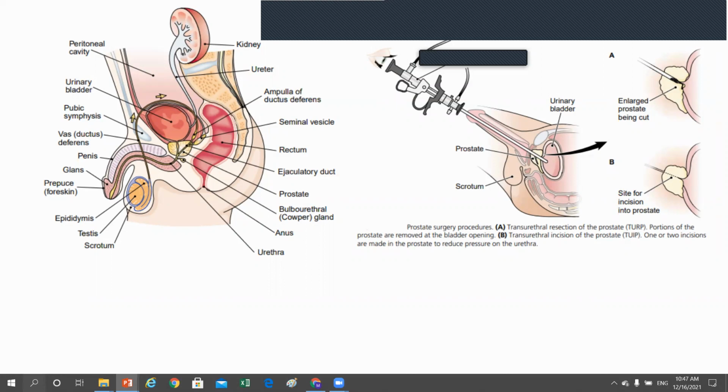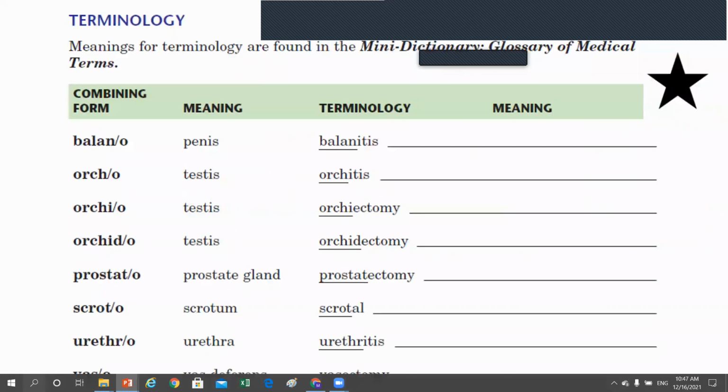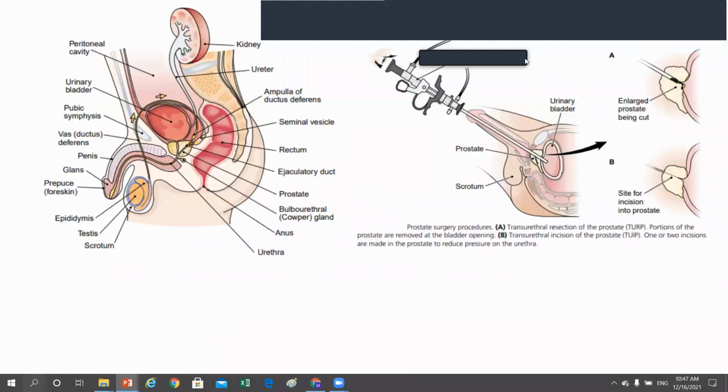So let us go to the terms. If we go back, we have seen the parts again to revise. The testes, the duct system, the tubular system carrying sperm and opening into the urethra, and the penile system, the penis.